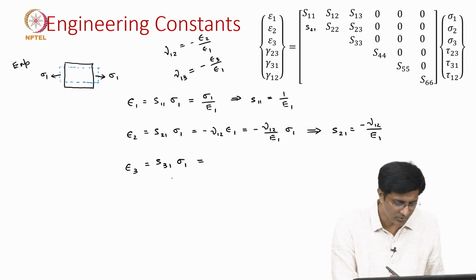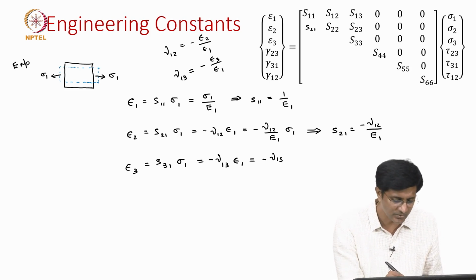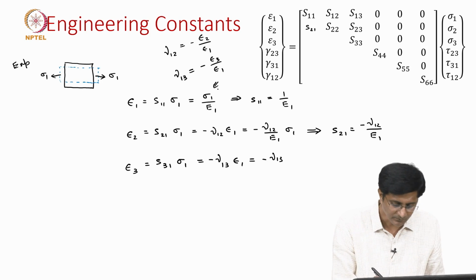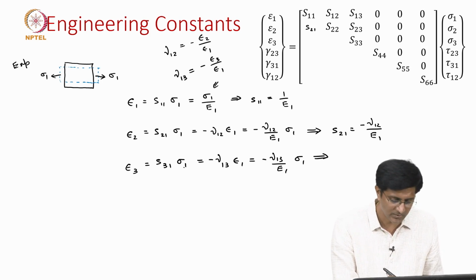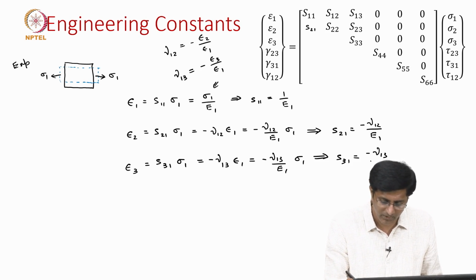With that definition I can write epsilon 3 as minus nu 1 3 times epsilon 1, and again use the definition of epsilon 1 given here. If I plug that in, it is minus nu 1 3 by E1 times sigma 1. Now, looking at S31 times sigma 1 and this constant times sigma 1, I can write S31 as minus nu 1 3 by E1.